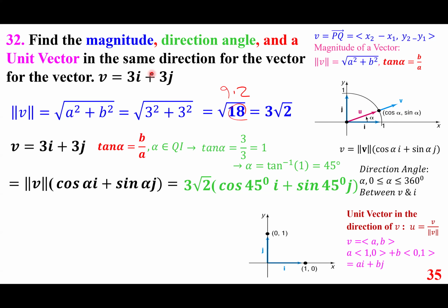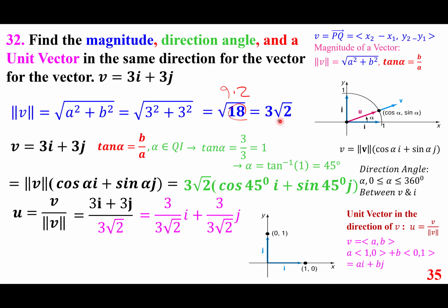We are along the x-axis, the i, so v equals ab, the component a times 1 comma 0 plus b times 0 comma 1, is ai plus bj. i is the unit vector along the x-axis. j is the unit vector along the y-axis. So we are going to divide this one by 3 square root of 2.